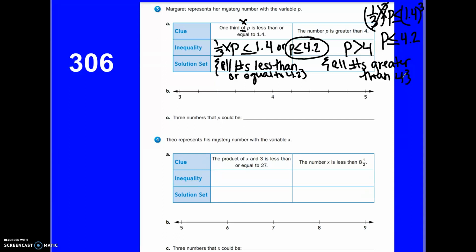Okay, so to graph that, I find 4 on my number line. And so all numbers greater than 4, but also all numbers less than or equal to 4.2. So if this is 4 here and this is 5, I have to figure out, okay, they have 1, 2, 3, 4, 5 ticks in between.